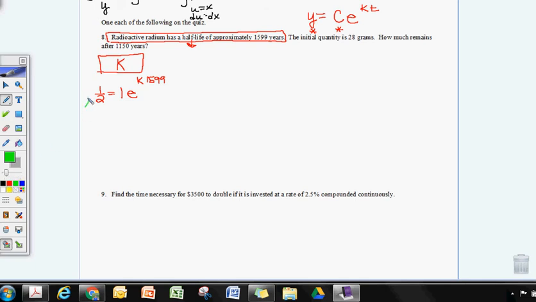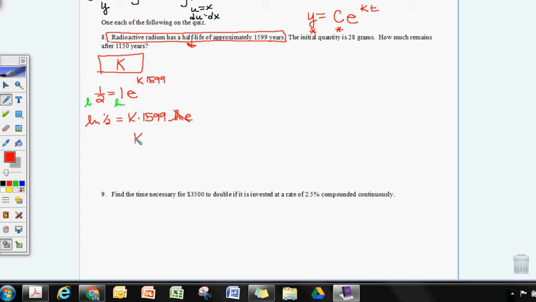Oh, well, we've done these before. We are going to introduce a natural log on each side, and that's going to give me the natural log of 1/2 equals K times the 1599, all times the natural log of E, which is 1.